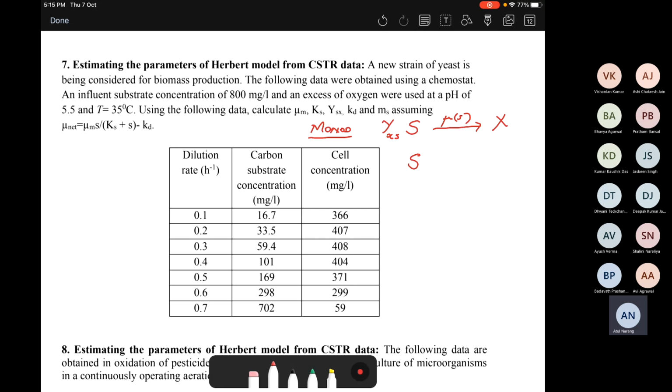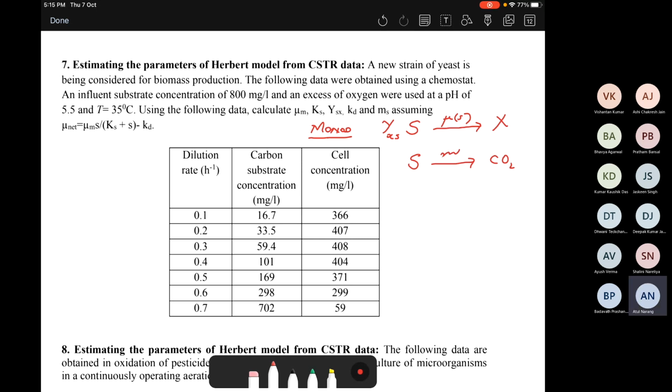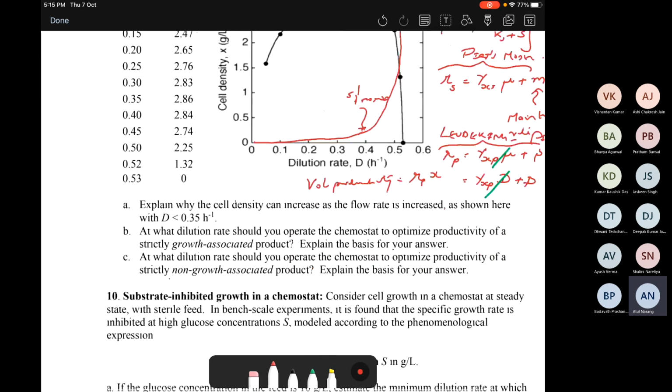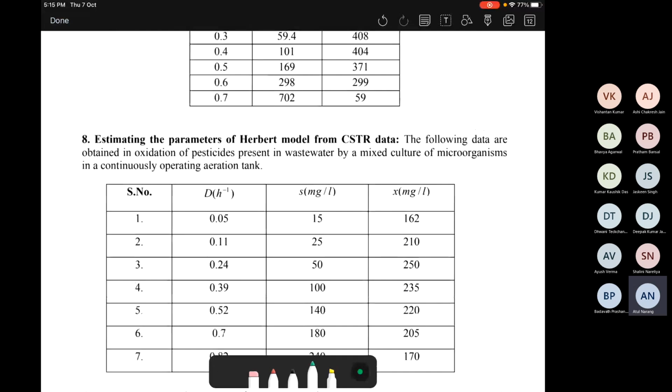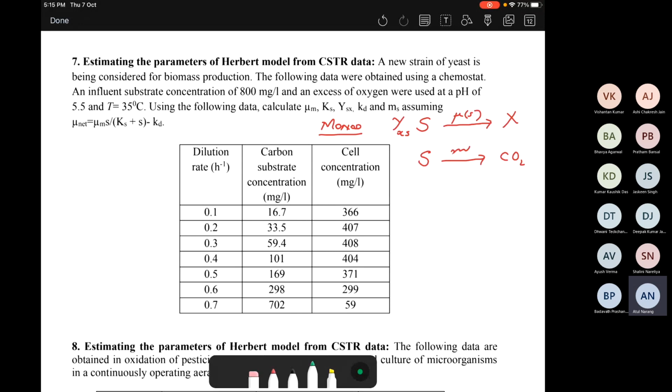There is a second reaction, S, that is converted to CO2, which takes place at the rate M. That's exactly what I presented, and this expression over here in green is the Pirt model. In addition, there's a parallel reaction, if you will, which is consuming the substrate for maintenance.